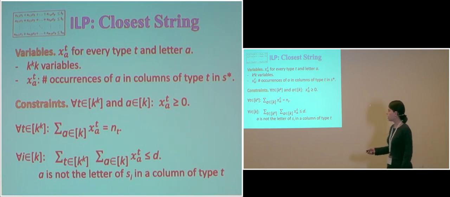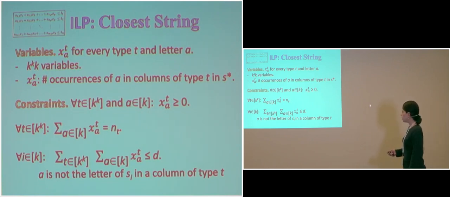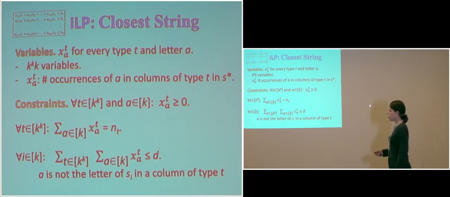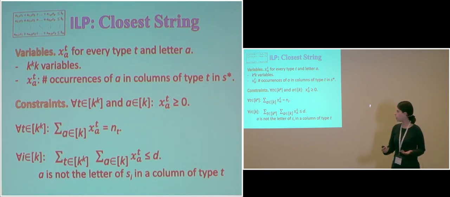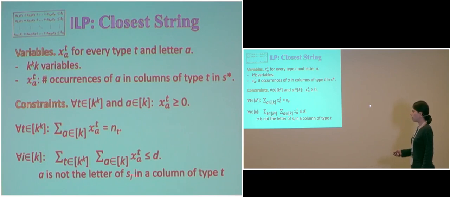So we're looking at some i for some string Si. Now let's look, what is the Hamming distance here? Let's look at all of the types that we have, and let's look at all of the letters which actually contribute 1 to the Hamming distance. It means, if we look at a specific type T, let's look at every letter A such that A is not the letter that Si has. When we are looking at a column of type T, let's look at the ith entry.